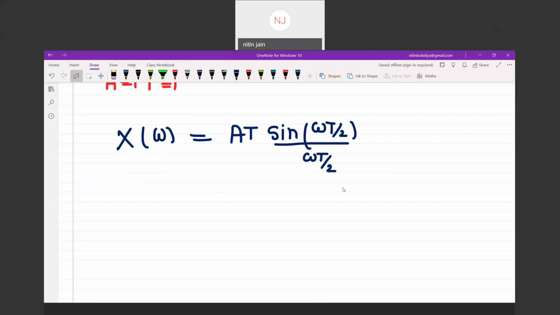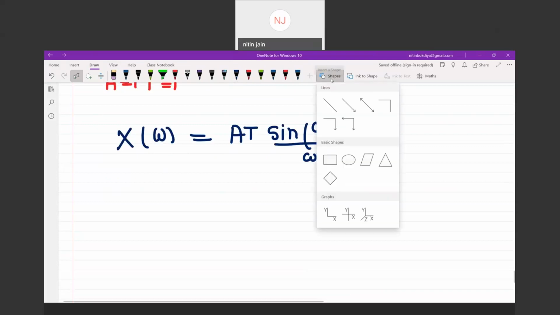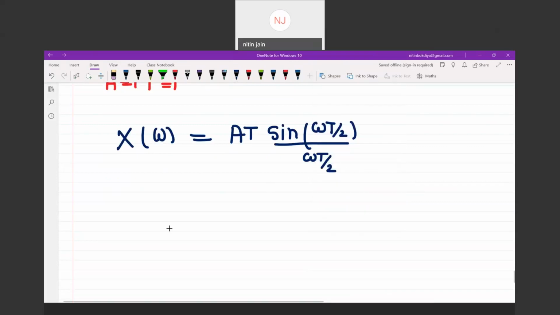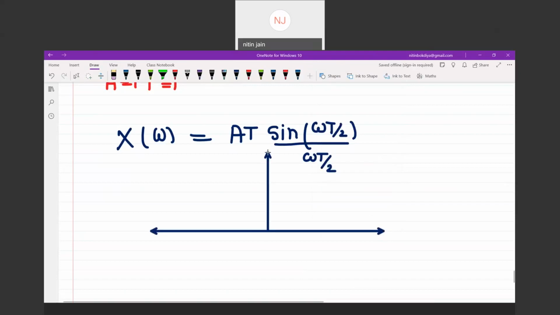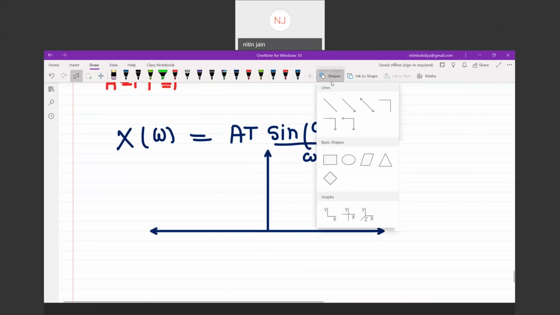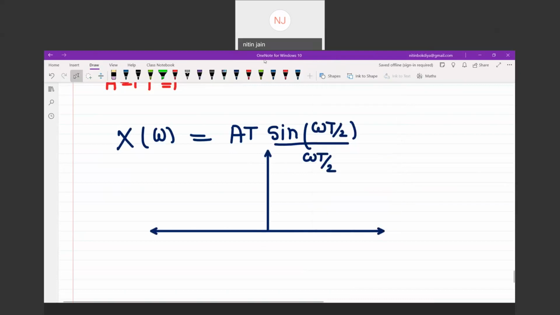We have to draw the spectrum of this, so let's draw the spectrum. Here I am drawing X of omega, and this is omega.